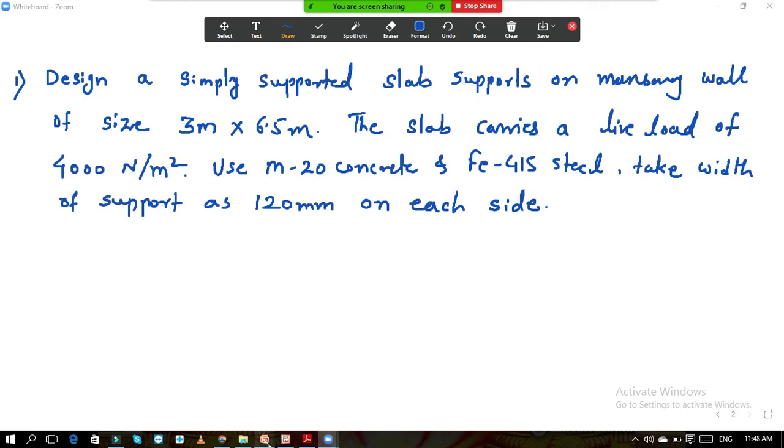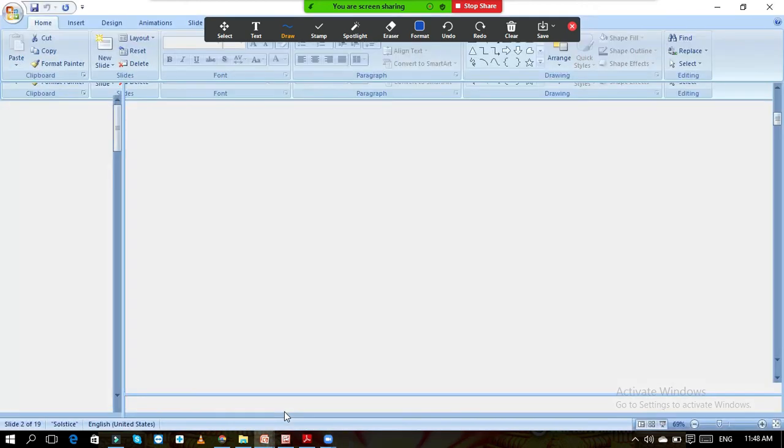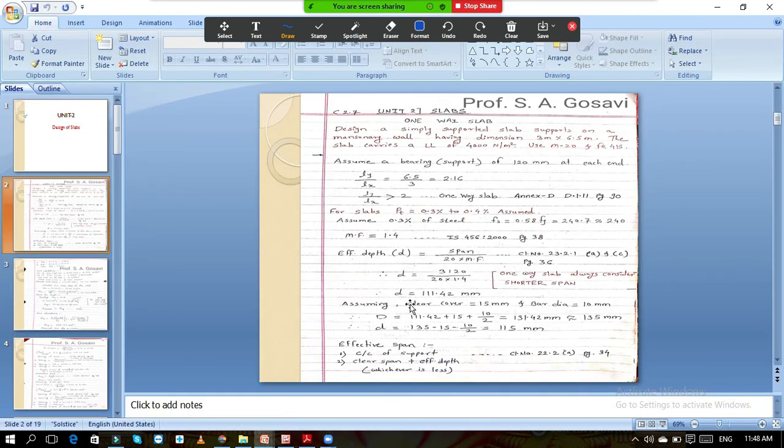Take the width of support as 120 mm on each side.